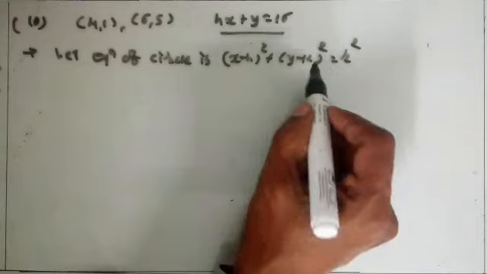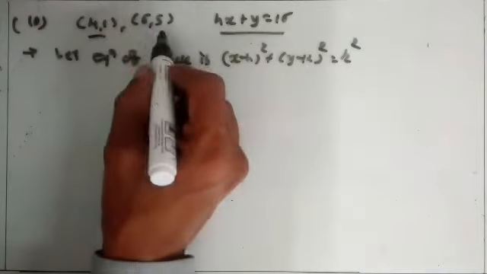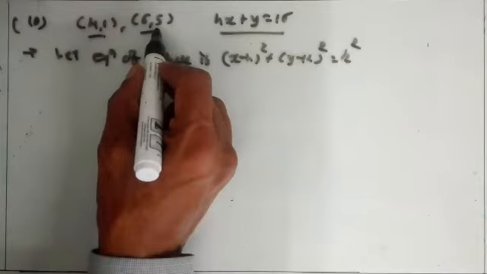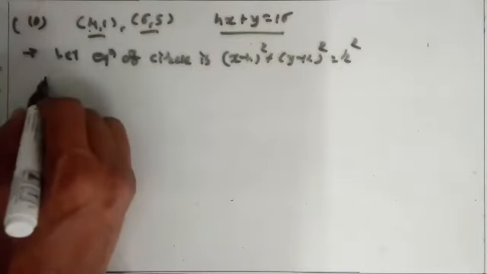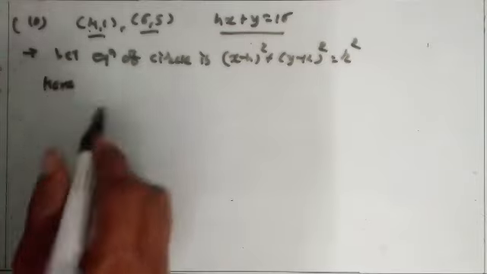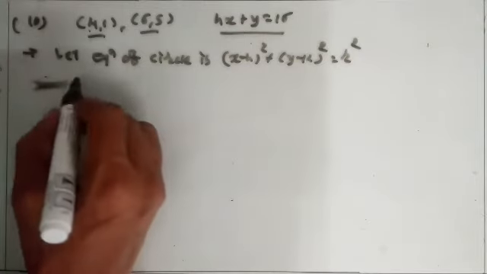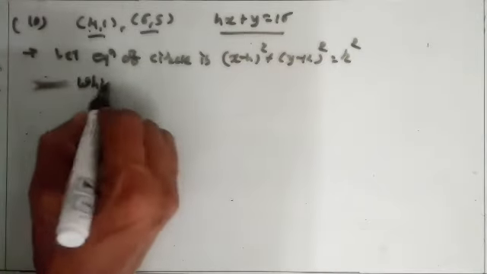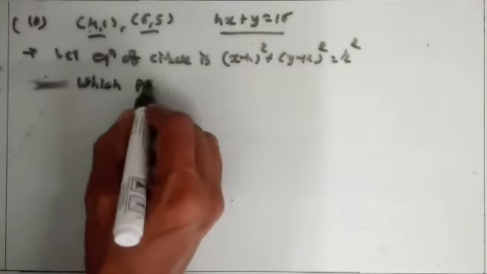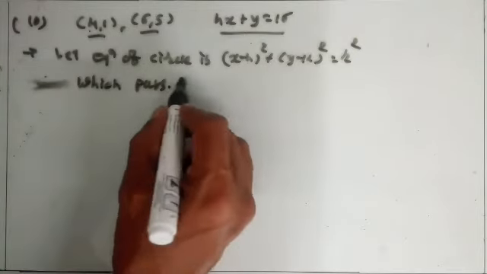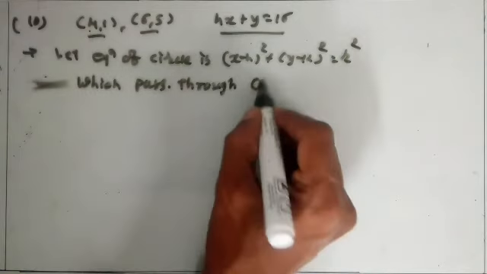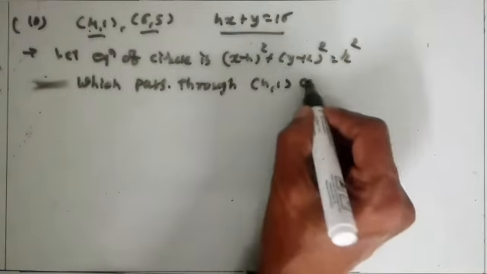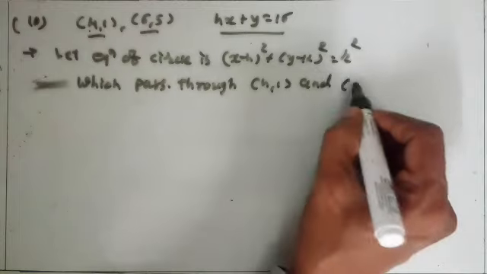Here it is given that the circle passes through the given two points (4, 1) and (6, 5). That is, (4, 1) lies on this circle.